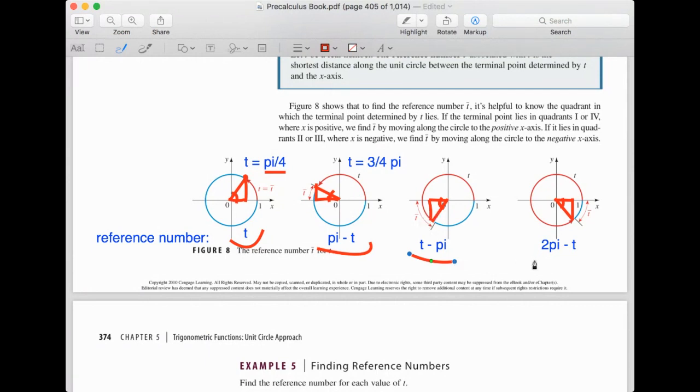When the point falls in the fourth quadrant, we use 2 pi minus the angle. See, the point is here. We connect it with the origin, the coterminal line. We drop a perpendicular line to the x-axis. We see this triangle, and the reference angle is this one.